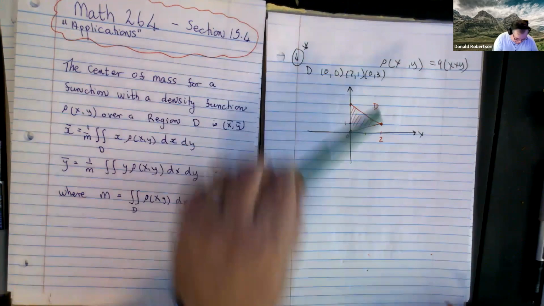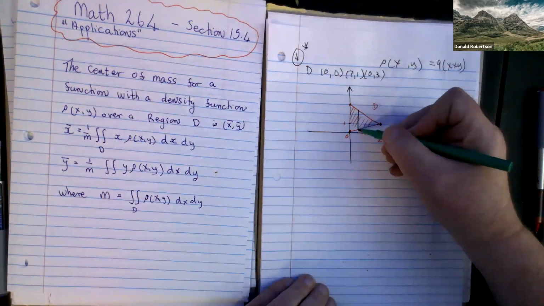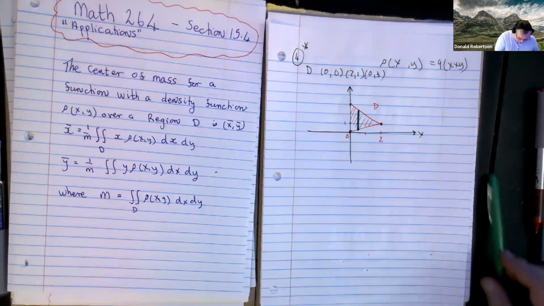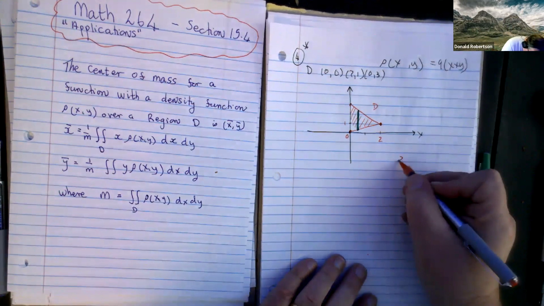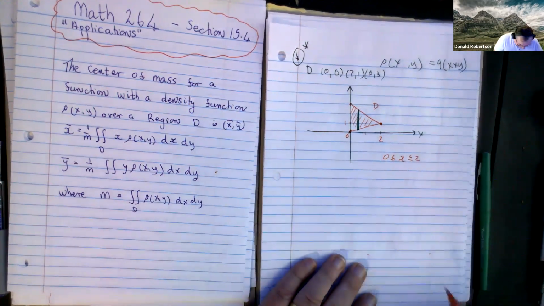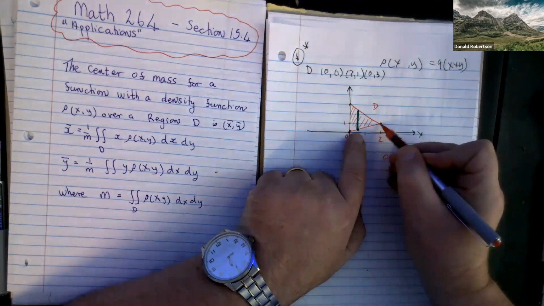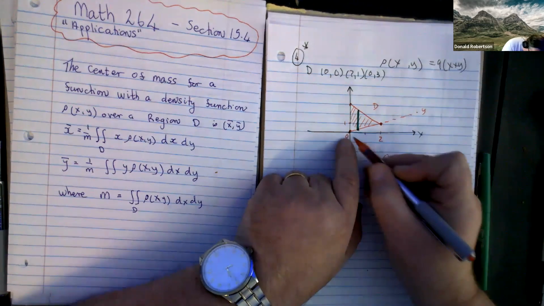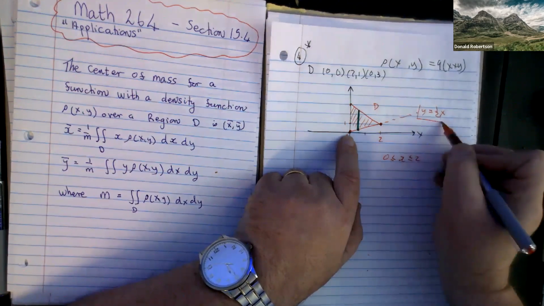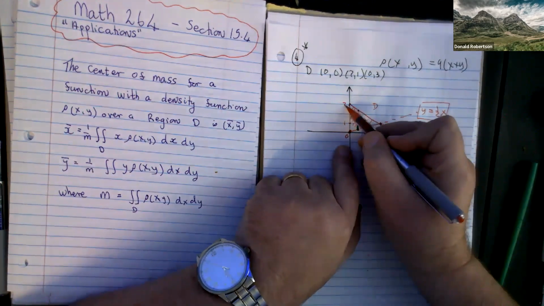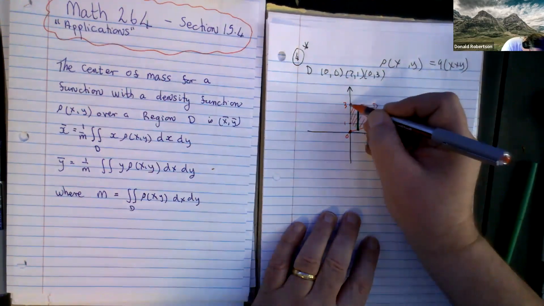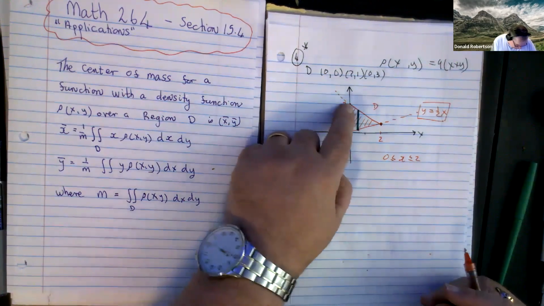Well, I think in this case, isn't vertical the way to go? So I know the x is from 0 to 2. That's the easy piece. And I need to know the equation of this line. Well, it passes through the origin and its slope is a half. And I need to know the equation of this line as well. What do I know about this line?